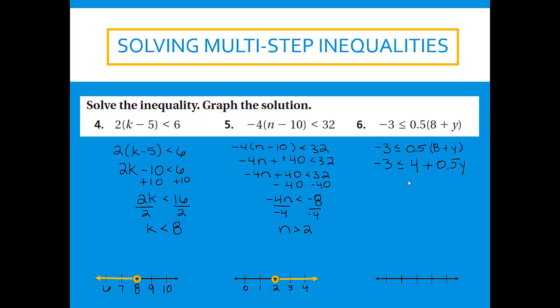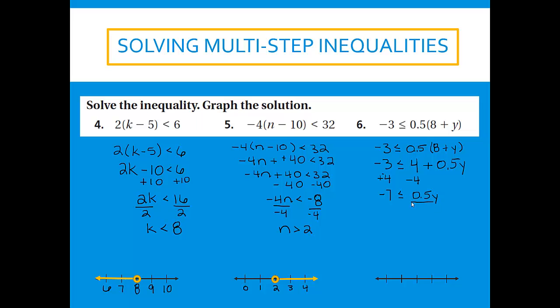Now we'll go ahead and subtract 4 on both sides. And -3 minus 4 would be -3 plus -4, which is -7. And that is less than or equal to 5/10 y.